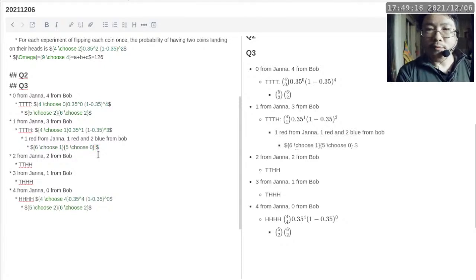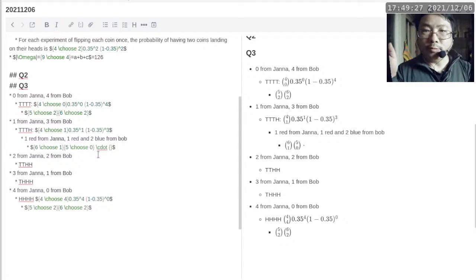And then we have to multiply, C dot, to emphasize that we are multiplying with the rest. Because the other part is, we need 1 red and 2 blue from Bob. So from Bob's perspective, he started out with 5 red ones, and we just need 1 of those.